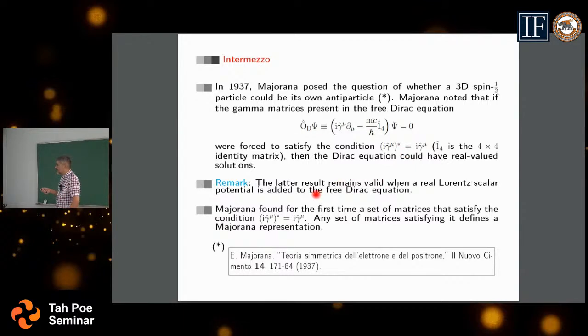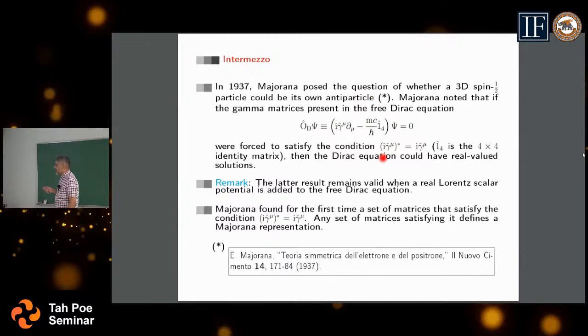It's incredible, but Dirac, the creator of this equation, didn't think about this. If this is real, the operator is real, and the solution could be written real. It can also be written complex, but it can be written real too.